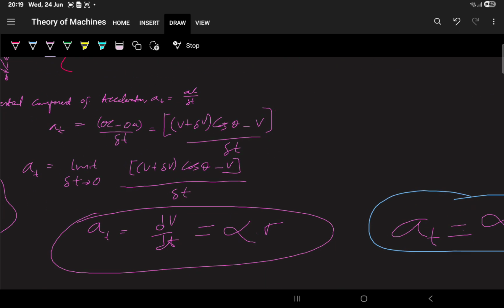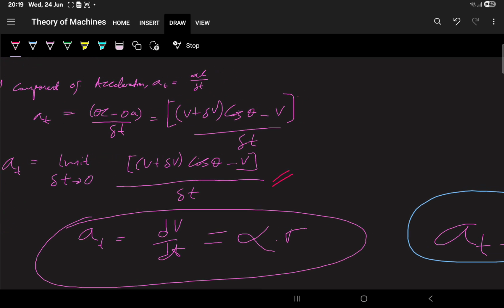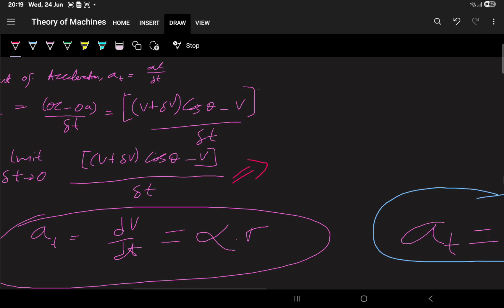Now coming back here, for the benefit of those who aren't so strong in pre-calc, let me simplify this a bit further. Now, as delta t approaches 0, down here in the denominator we're going to have 0, and we know anything divided by 0 is undefined.